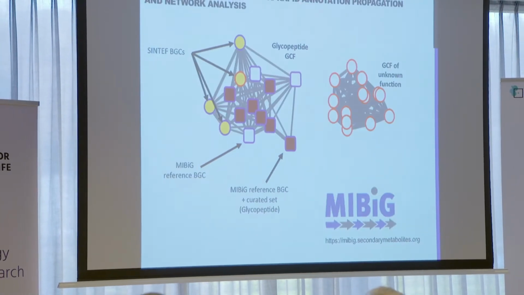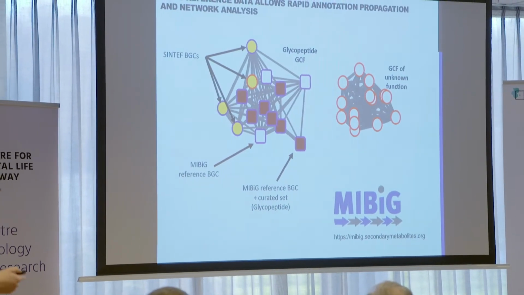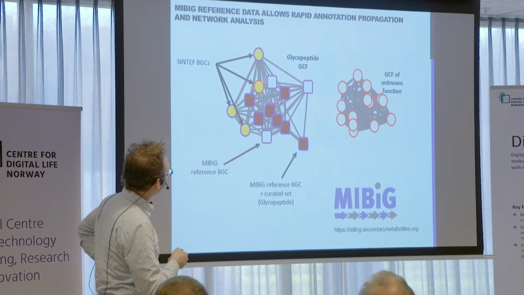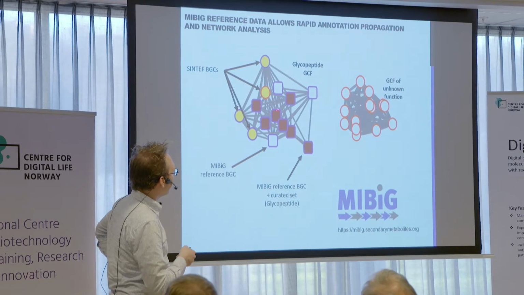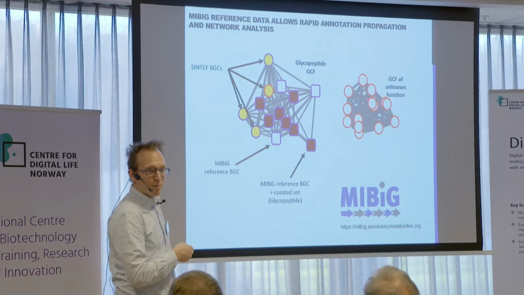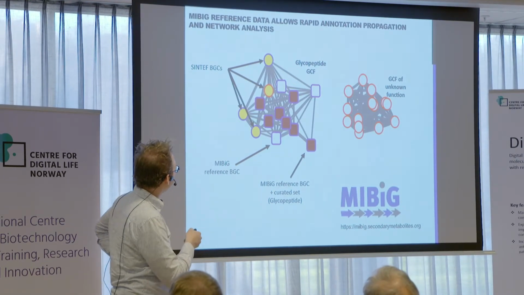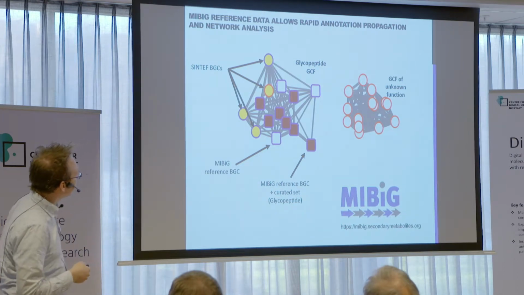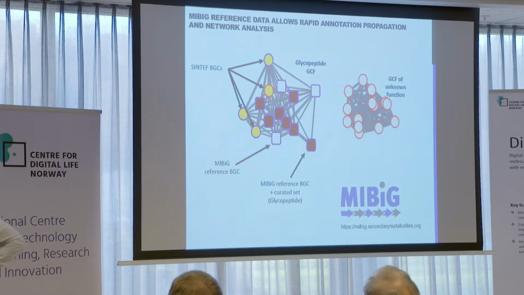This also allows you to look at the data and see, for example, if you have gene clusters of interest, whether they will collate with gene clusters of known product classes. And in this way, these four gene clusters here would be possibly new glycopeptides. At least they warrant a further look if you're looking for new glycopeptides.